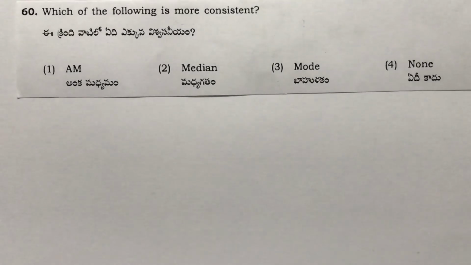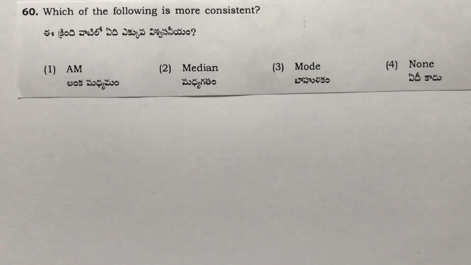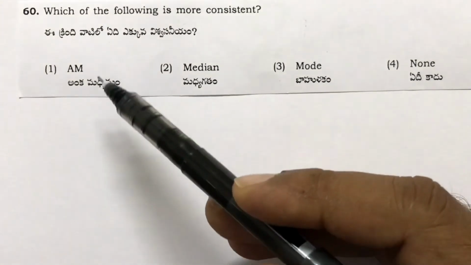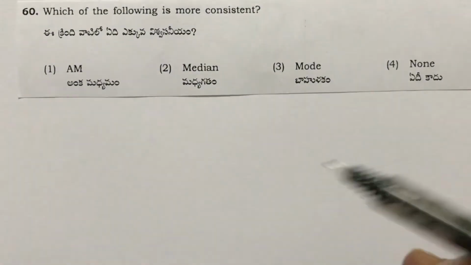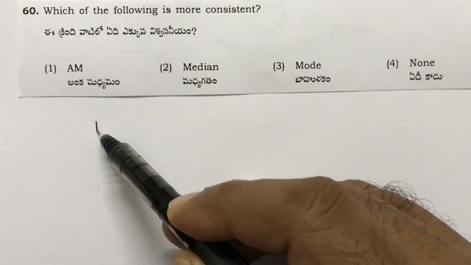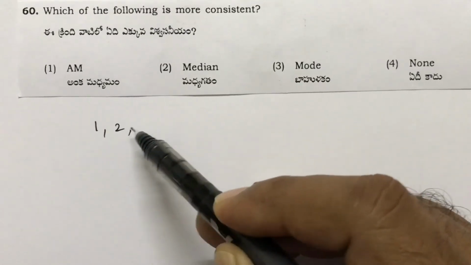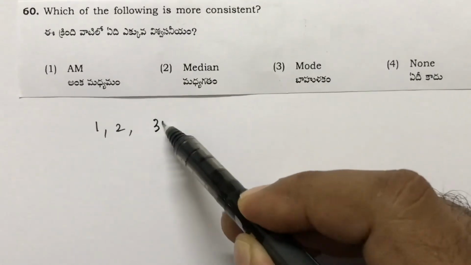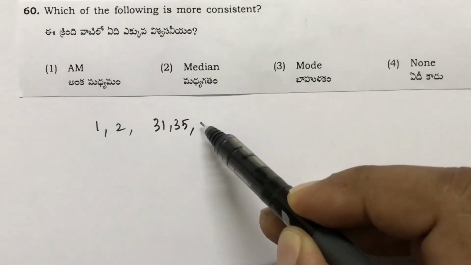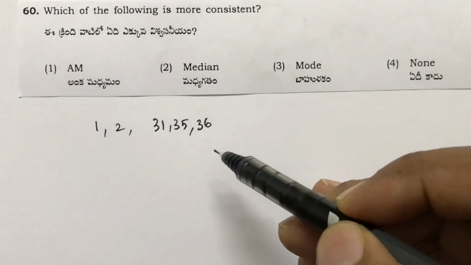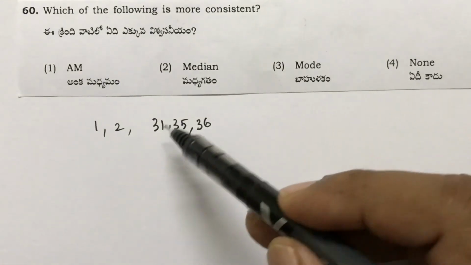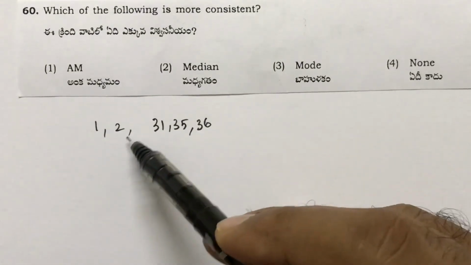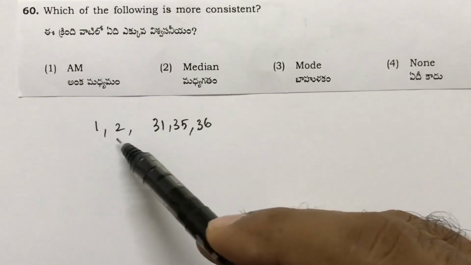Which of the following is more consistent? See here, the mean is affected by extreme values. For example, if some frequencies are like 1 or 2 and others are like 31, 35 and 36, then the mean will not reflect the data the same way as when the values are like 23, 25.